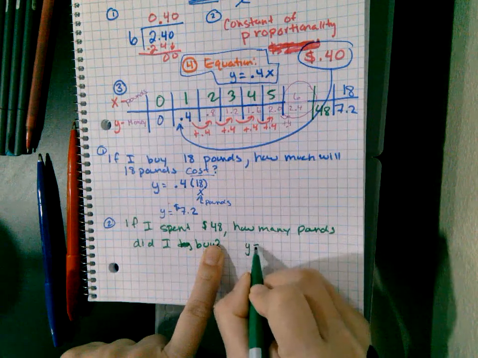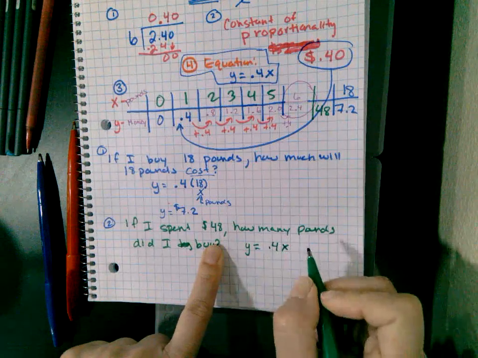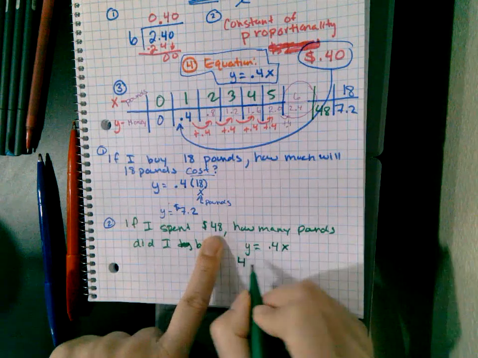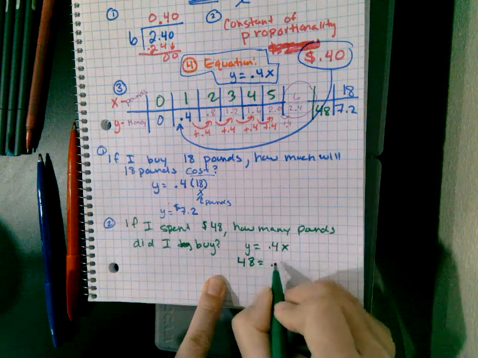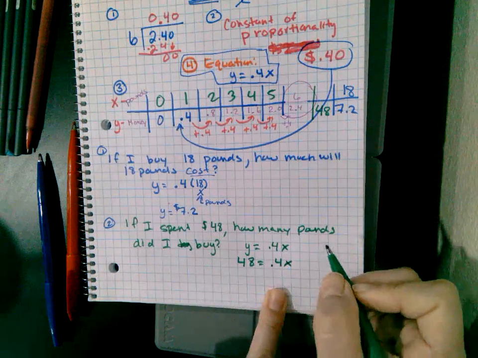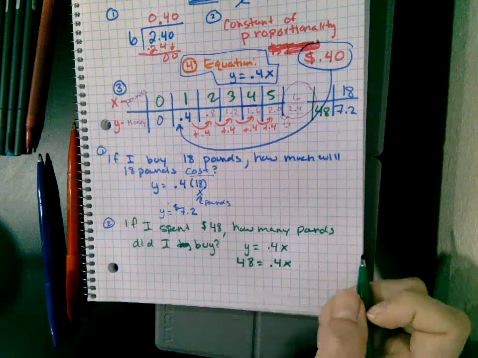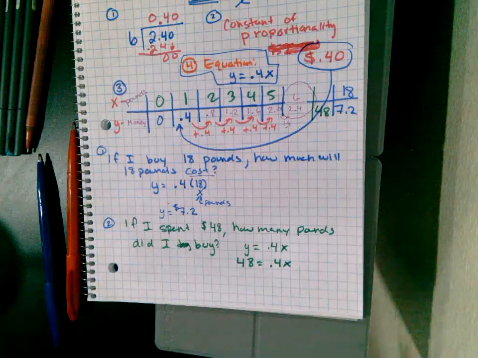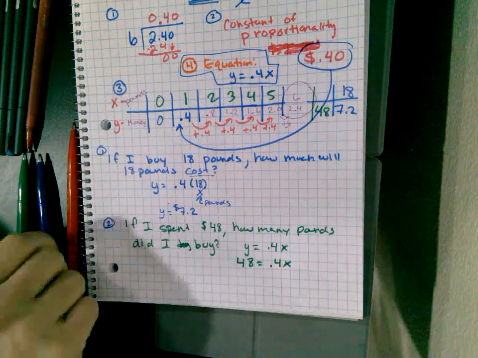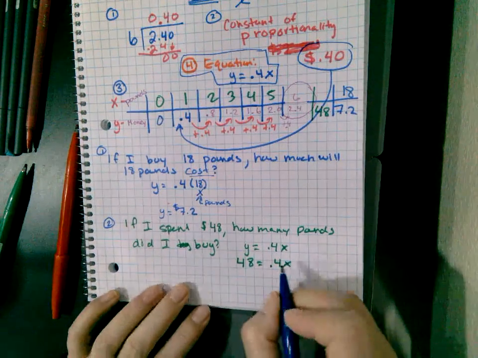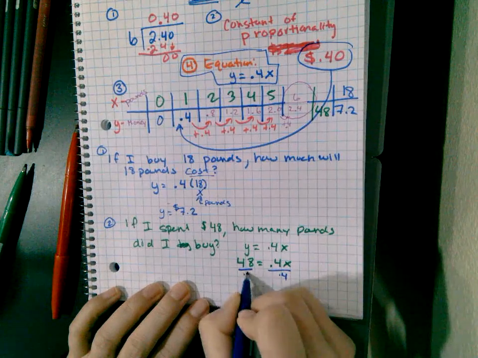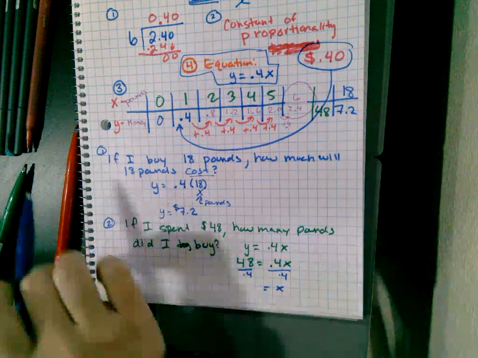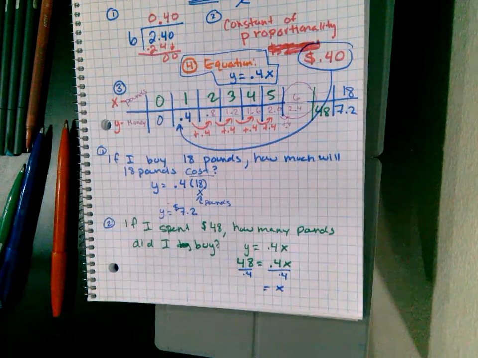So in my equation, y equals 0.4x, 48 would go in the y, 0.4, and then x. You've solved these problems with me what was it, like November or something, first semester? So we would divide by 0.4, divide by 0.4, x equals, I don't know, I'm gonna grab my calculator.